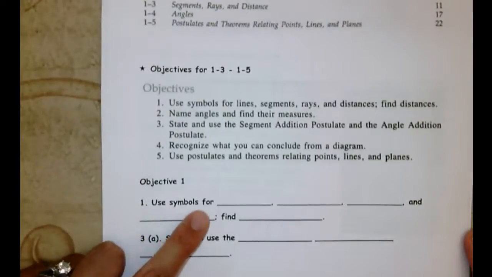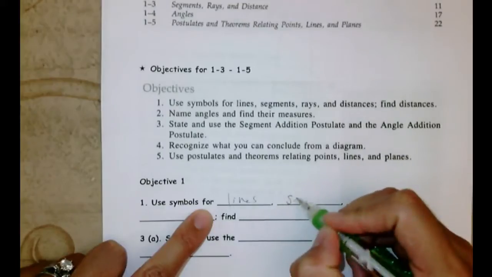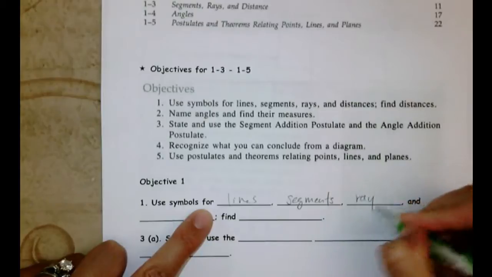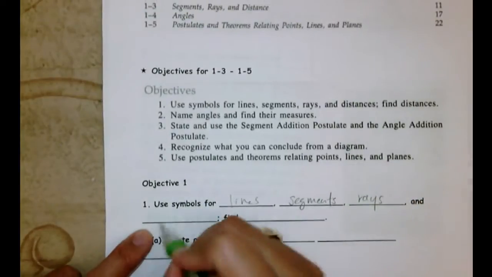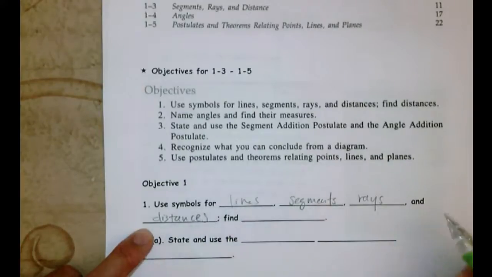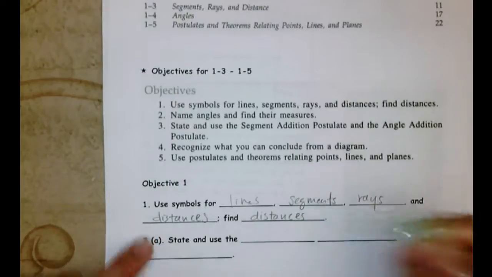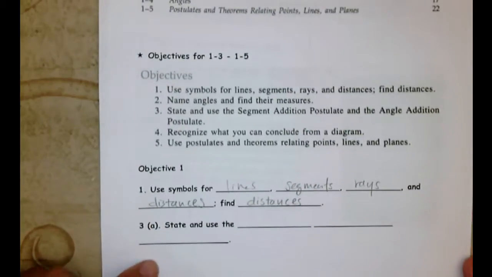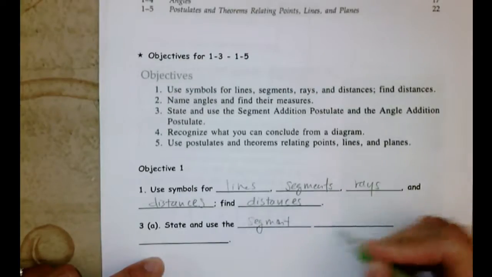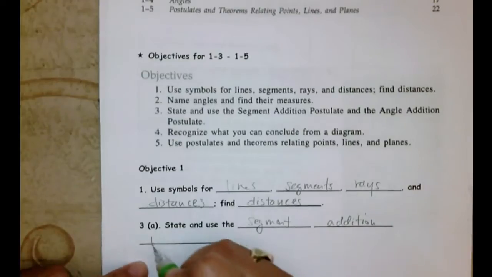So use symbols for lines, segments, and rays, and distances, and find the distances, and state and use the segment addition postulate.